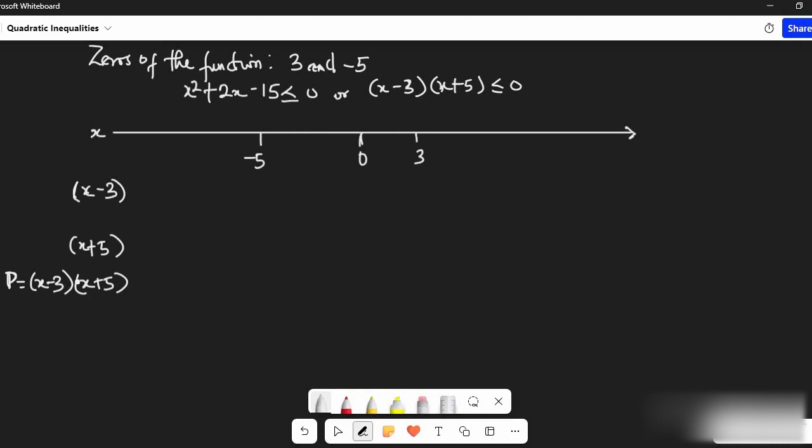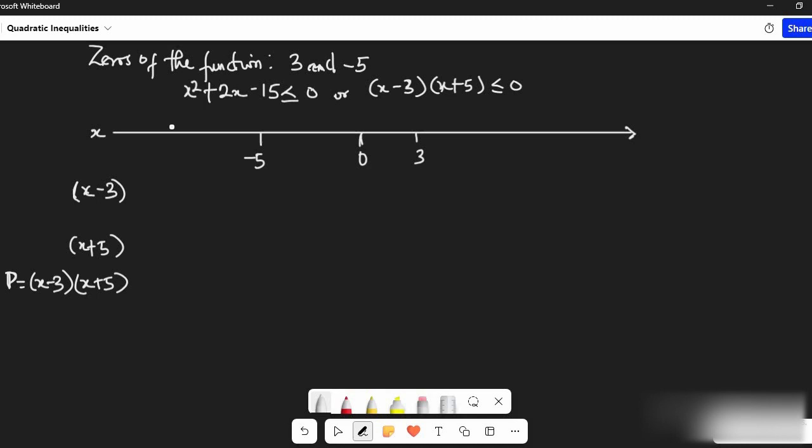Okay, so remember, we have to determine the range of values for which the product is less than or equal to 0. That is, for which the product is negative or equal to 0, because any number that is less than 0 is a negative number. If it is greater than 0, it is a positive number.